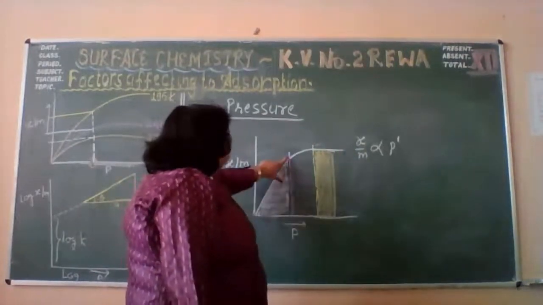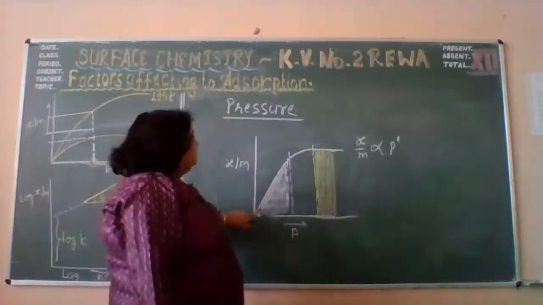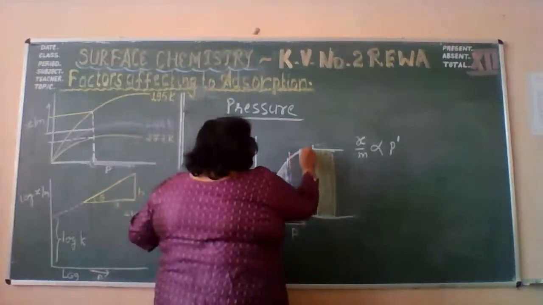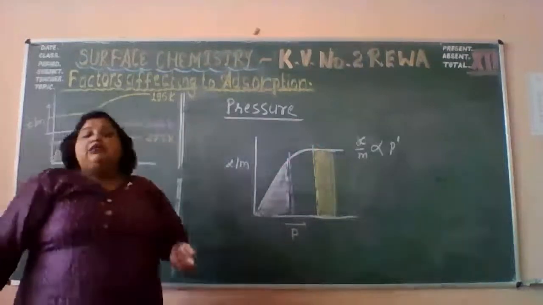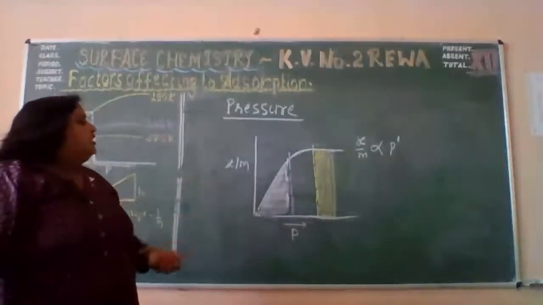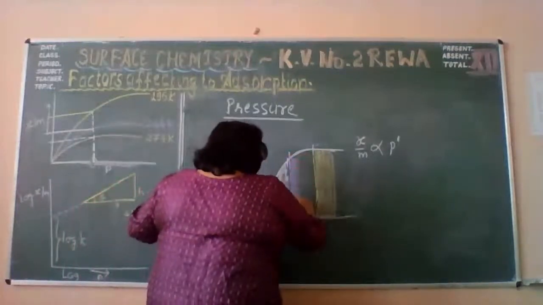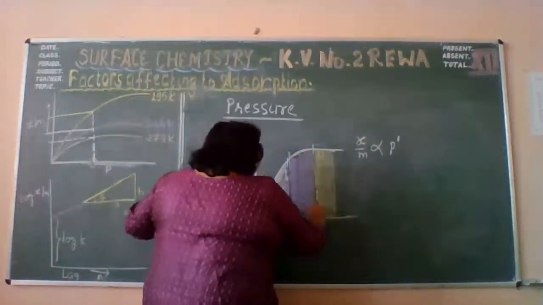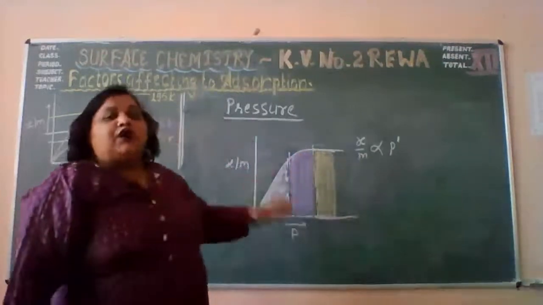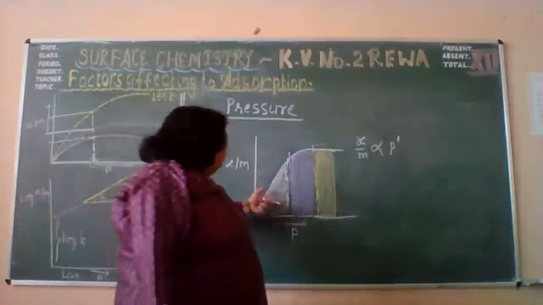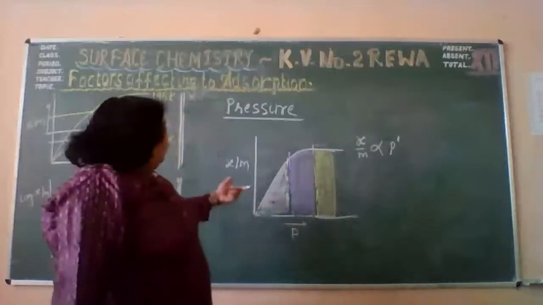From this point to this point, the linear change is there, straight line change is there. Here you find the curved one, right? And at this place, what you observe that there is definitely no change, right? This area is showing the difference in the change pattern. So here the graph is not of one kind alone. It is a combined three different type of the graph, right?